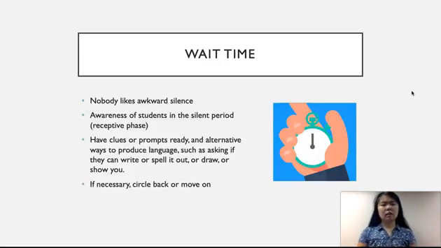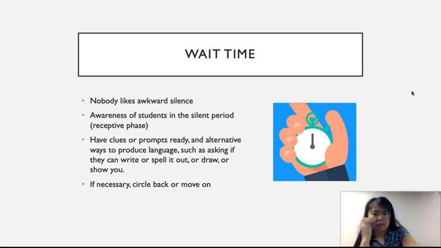So, wait time. Nobody likes the awkward silence when you ask a question. You just get blank stares, deer in the headlights. And so just awareness of some students, especially beginning students, go through a silent or receptive phase, like when babies can't talk yet, but they're intaking a lot. They comprehend a lot more than they can produce.